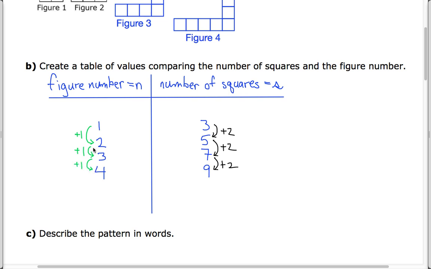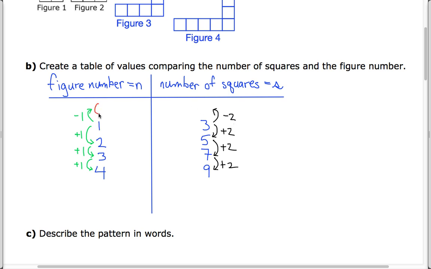Also of particular importance to us later is going to be the value of the number of squares when the figure number is 0. And although we don't have a figure number 0, let's just say hypothetically, what if? So that's working backwards a step, and working backwards a step in the number of squares would subtract 2.